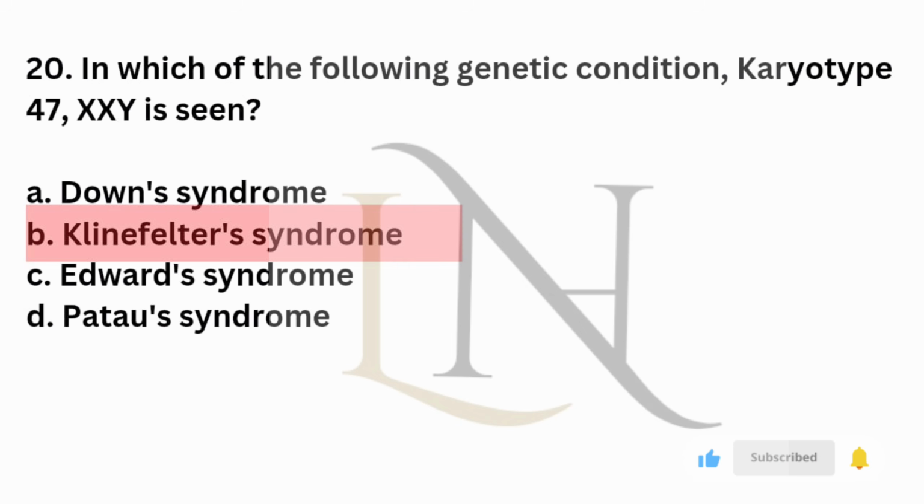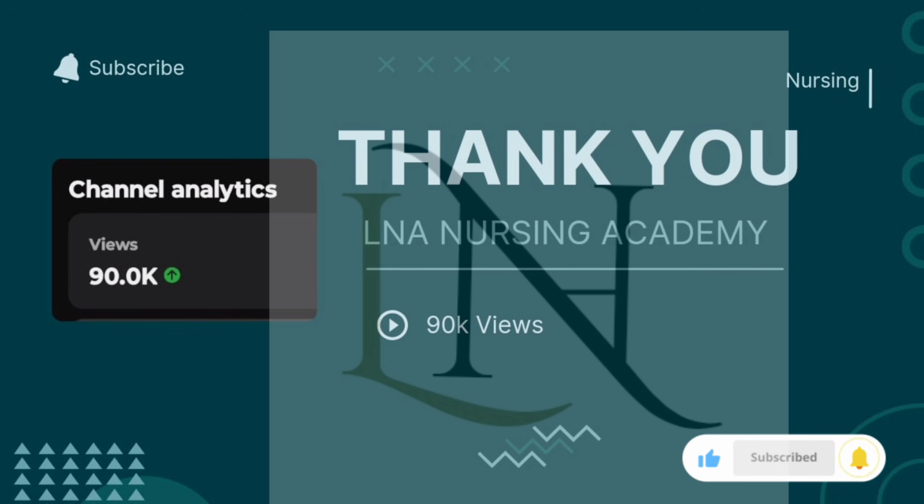In Down syndrome we can see some signs: flat nose bridge, short neck, weak muscle tone at birth, small ears and hands, and mental retardation also. Edwards syndrome is also a genetic condition, also called trisomy 18. In this condition we can see physical growth delay.